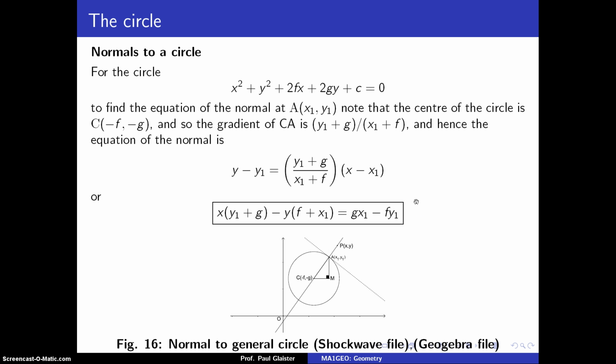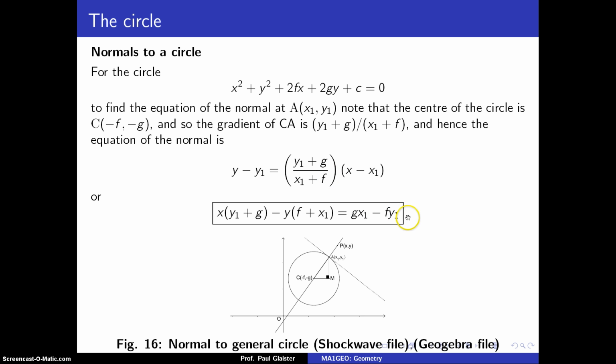For the Cartesian version, it's exactly the same as it was for the tangent, and in this case, for this general circle, we noticed that the gradient of the line from C to A will be the gradient of the normal. That's that gradient, and hence for any point P on the normal, the gradient of the line from A to P, which is y minus y1 divided by x minus x1, will be just the gradient of the normal, which is this expression here.